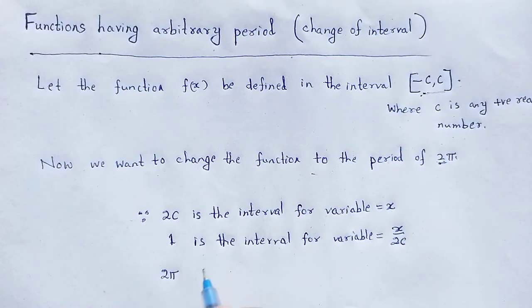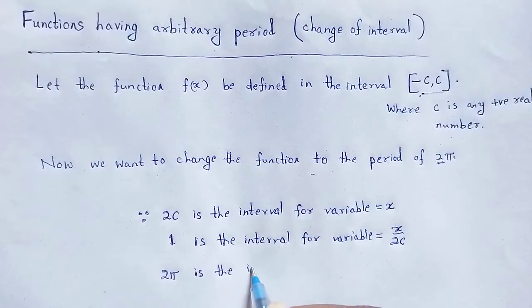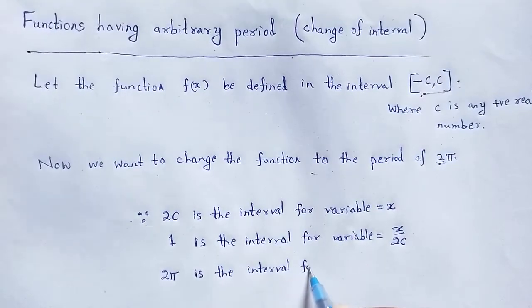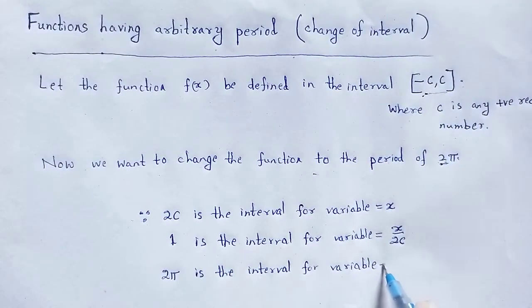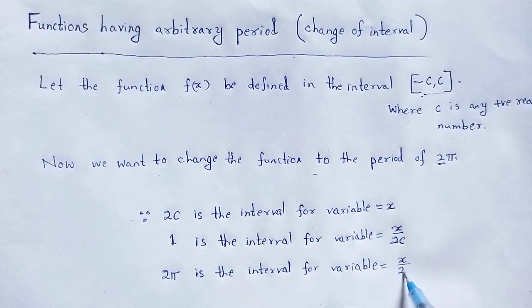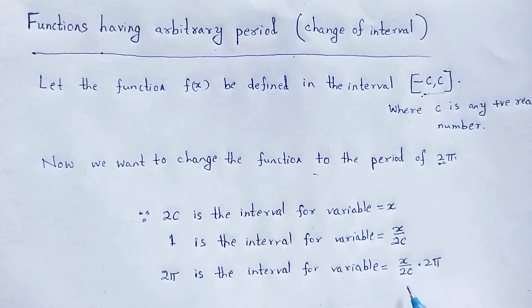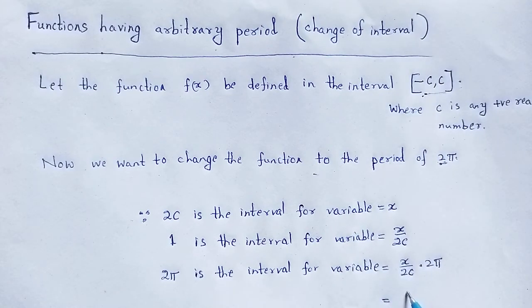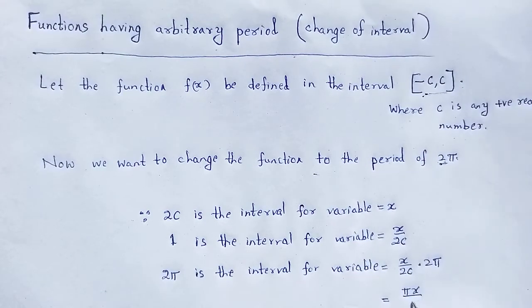For 2 pi, the interval for the variable will be x by 2c into 2 pi, that is pi x by c.